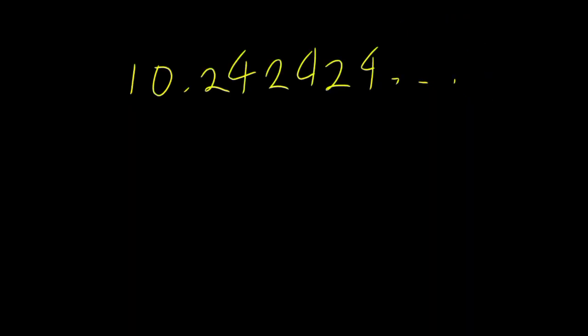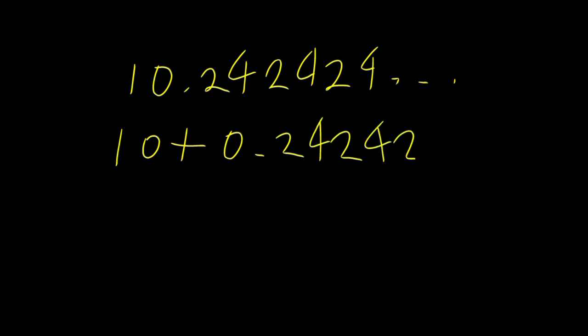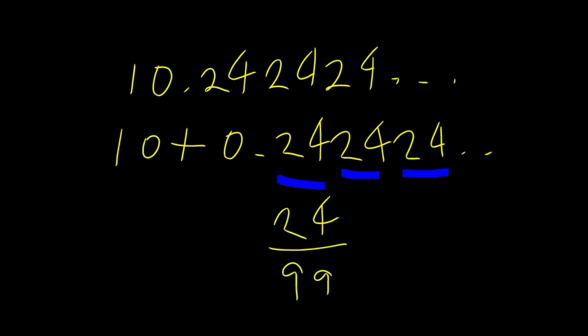For our last example, we have 10.24, 24, 24, and so on and so forth. So this is equal to 10 plus 0.24, 24, 24, and so on. Notice that 0.2424 has a pattern of 24, 24, and 24. So let's get 24 as our numerator. We have 24 all over 99.